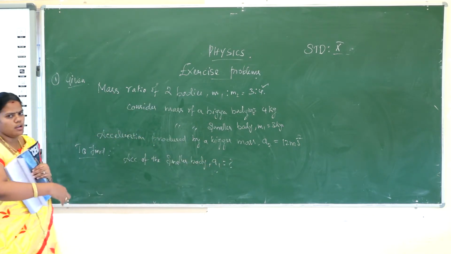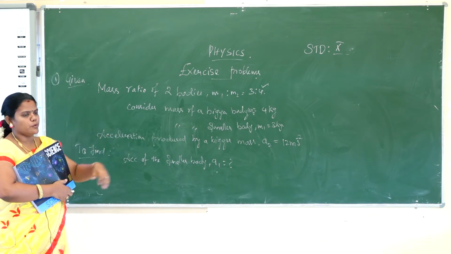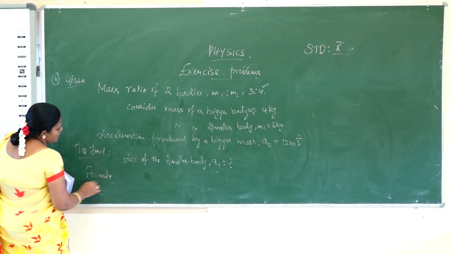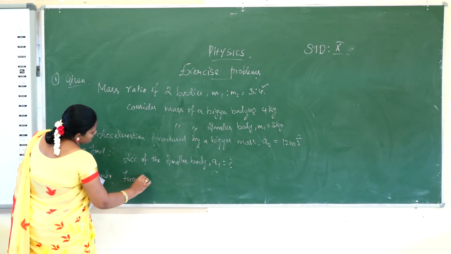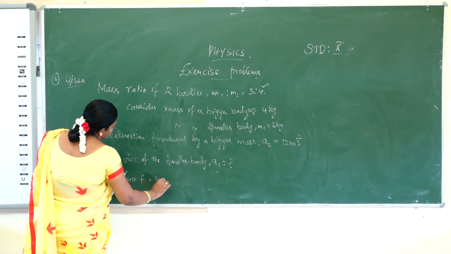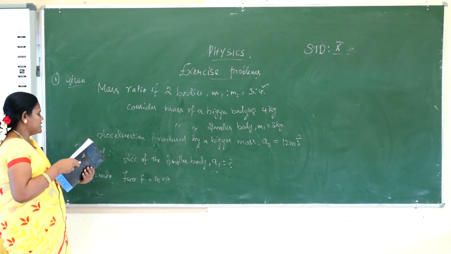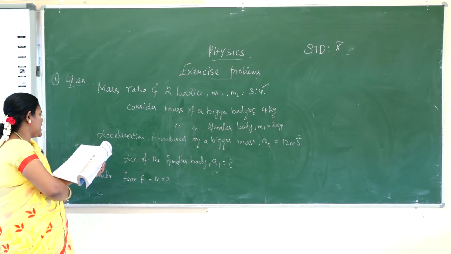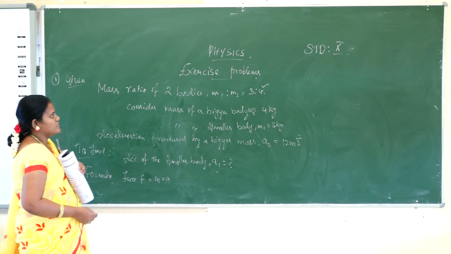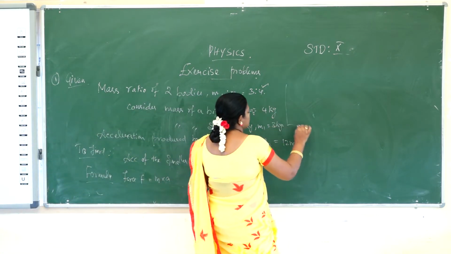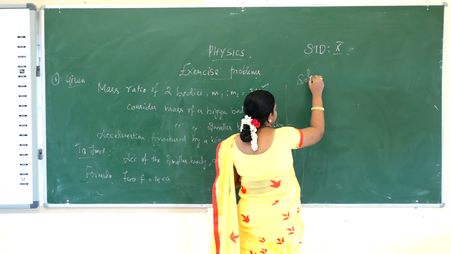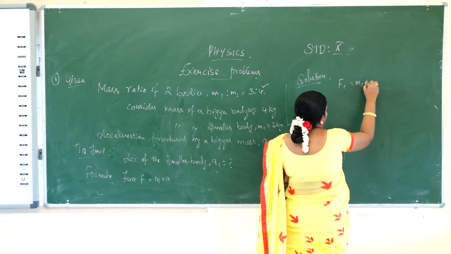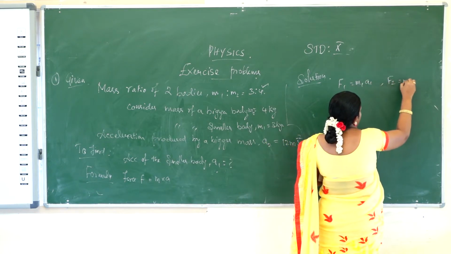Okay, what is the formula to be used to solve this problem? The formula is force F is equal to m into a. As the force is equal, F1 is equal to m1 into a1, and F2 is equal to m2 into a2.